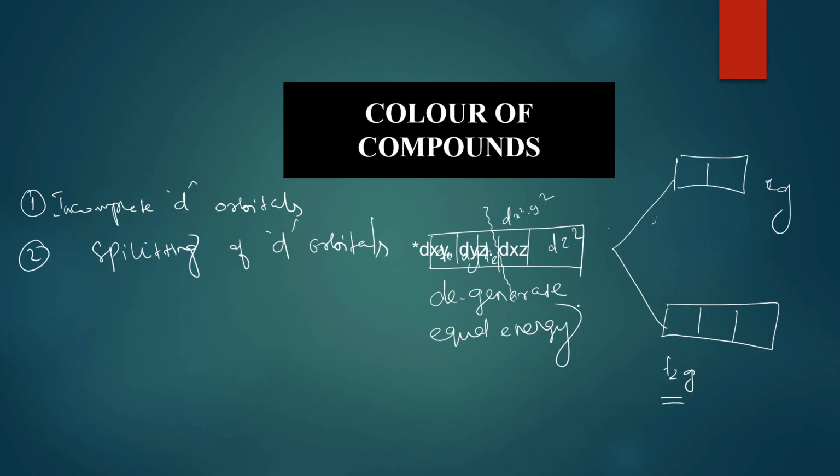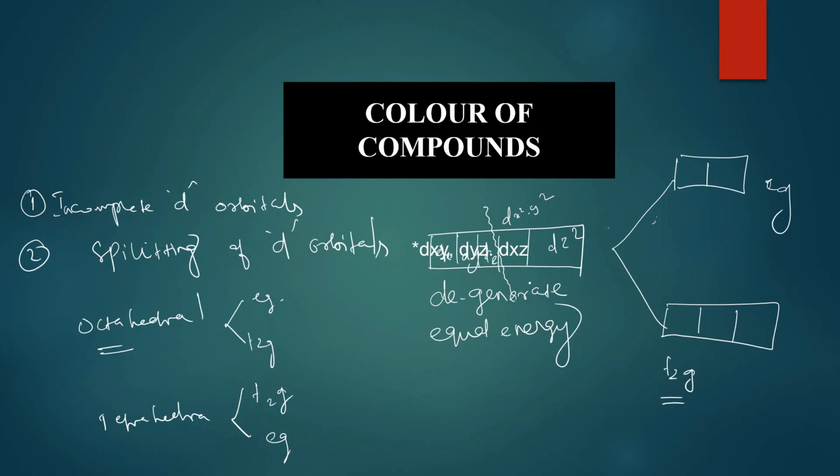In the case of octahedral complexes, T2g will be down and Eg on top. In the case of tetrahedral complexes, Eg, doubly degenerate, will be down and T2g will be on top.